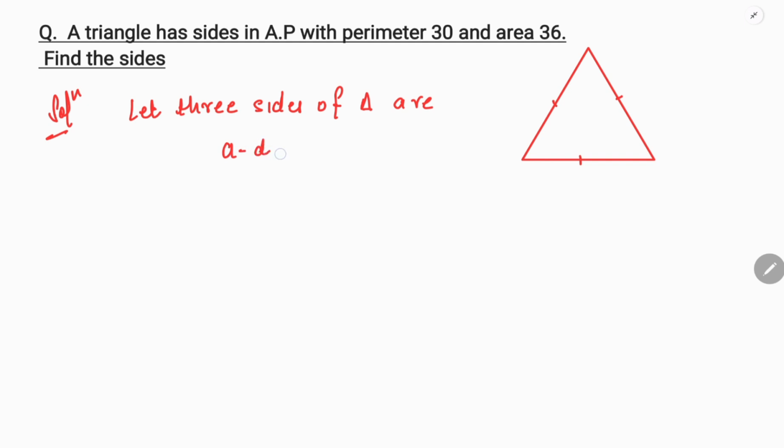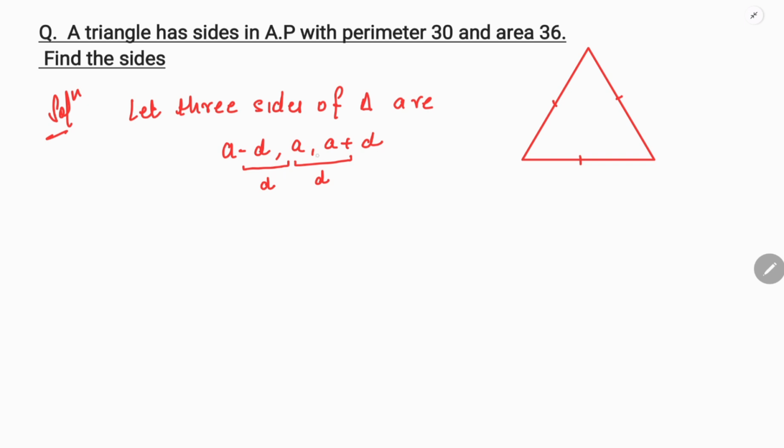Instead we will take a minus d, a, a plus d. Here as well, the difference between these two terms is d and between these two terms is also d, right? But why are we taking them in such an order?